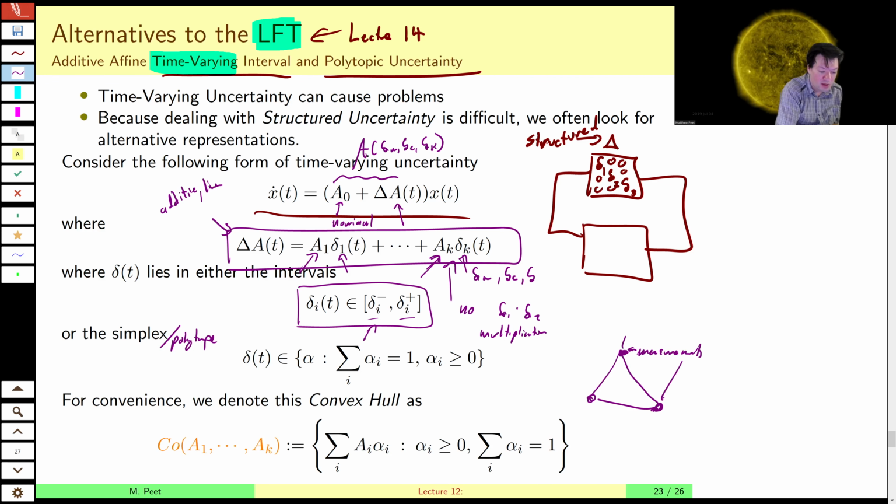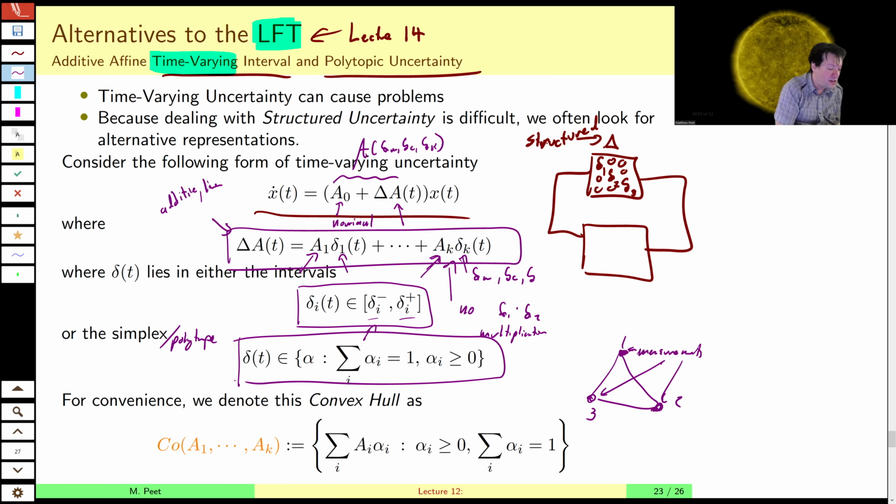Measurement 1, measurement 2, measurement 3, and so forth. So that's the other case, the polytopic uncertainty. And the weighted average of all of those measurements is called the convex hull, and I think that's something we haven't defined before.